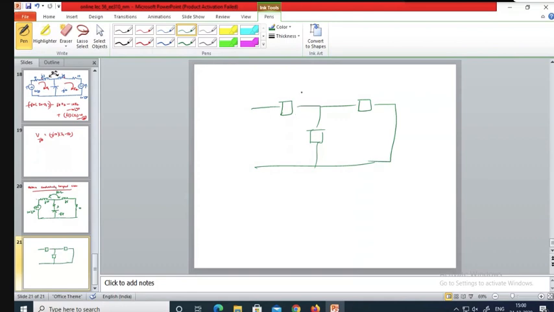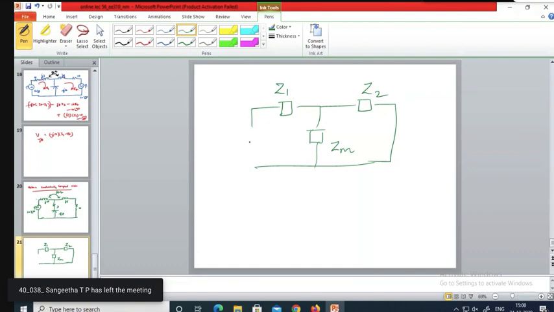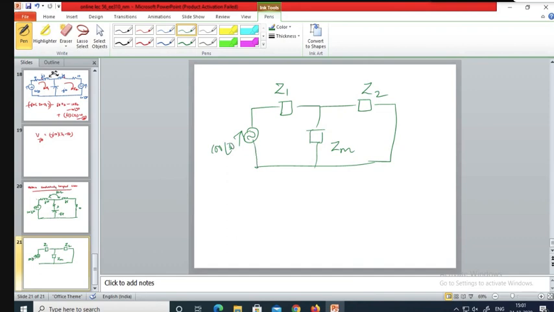One impedance representing the self-impedance in the first coil, another impedance representing the self-impedance in the second coil, the mutual impedance between the two coils, and the voltage here, 100 angle 30. So your job is to find Z1, Z2, and Zm. This is the conductively coupled equivalent circuit.